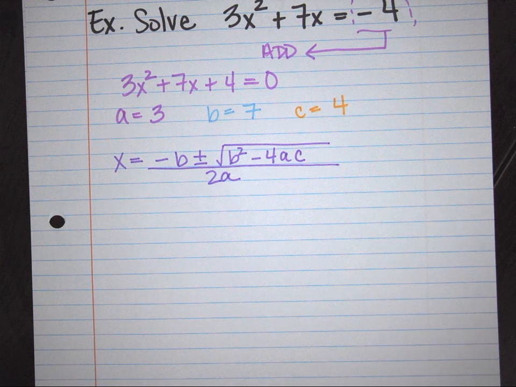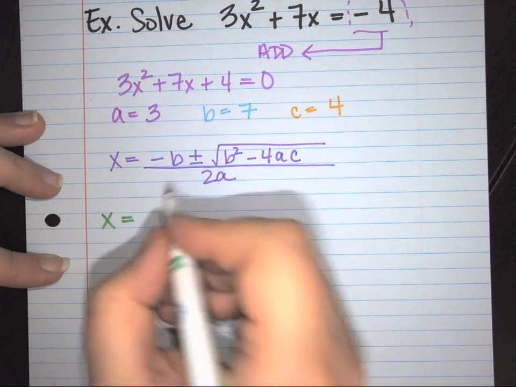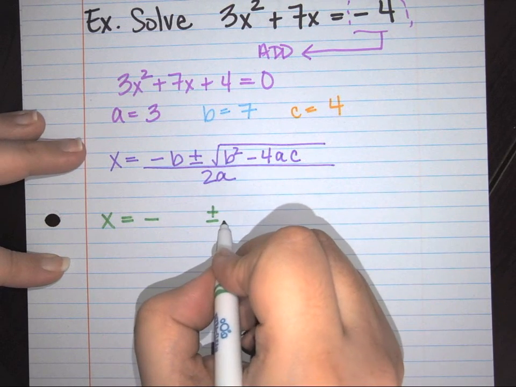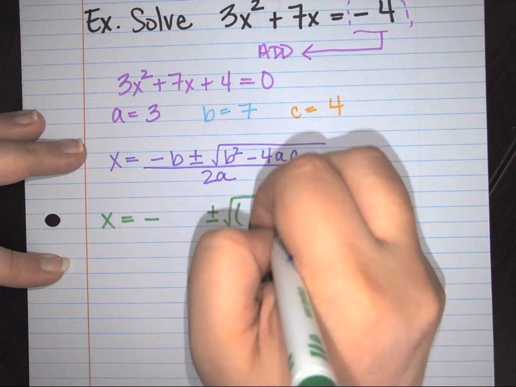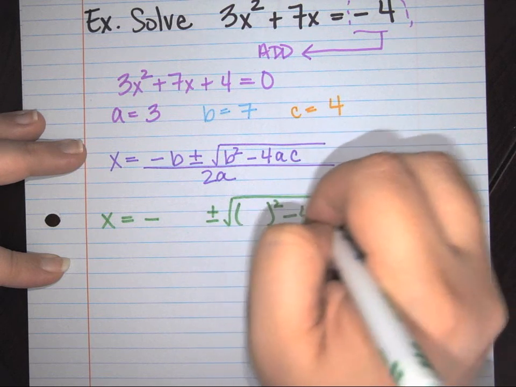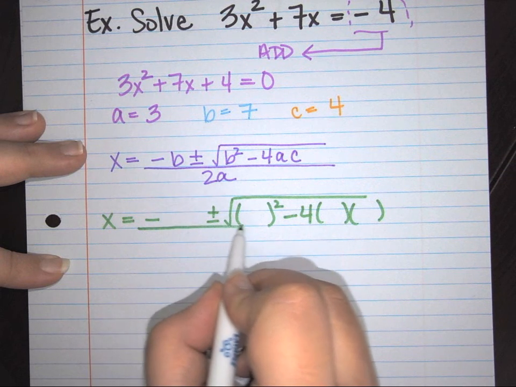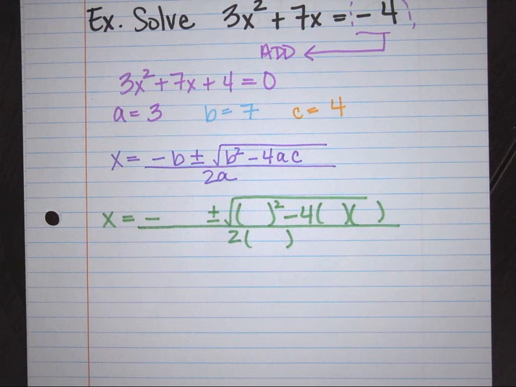So I have x is equal to negative of my b plus or minus the square root of something squared minus 4 times something, and this whole thing is over 2 times something. That's kind of the formula broken down.